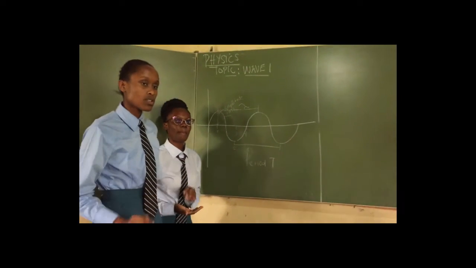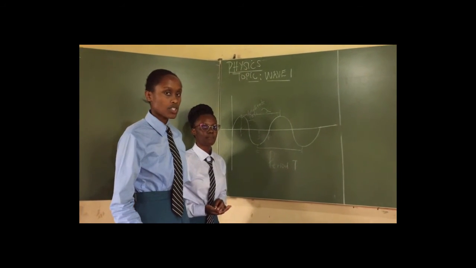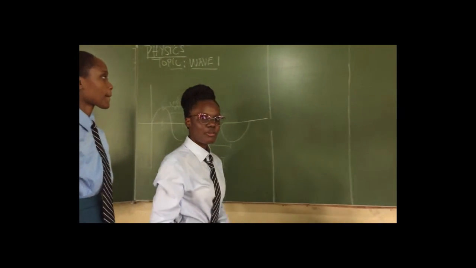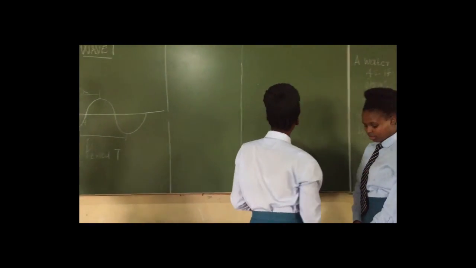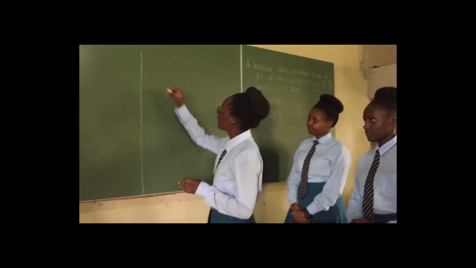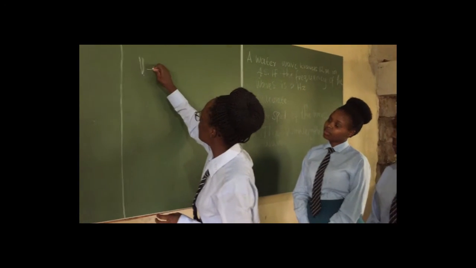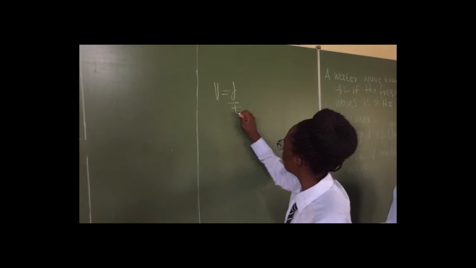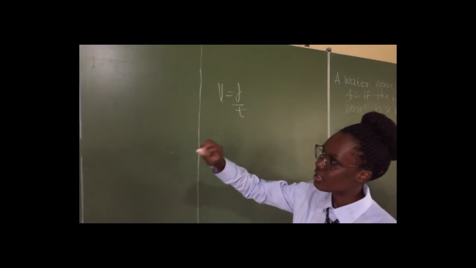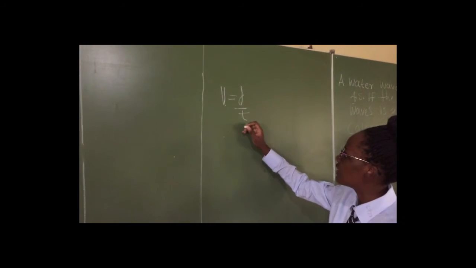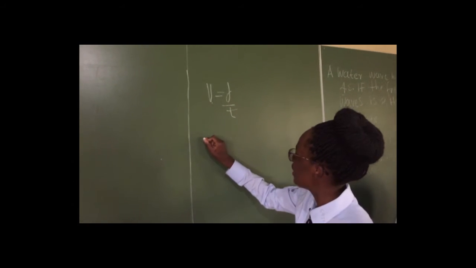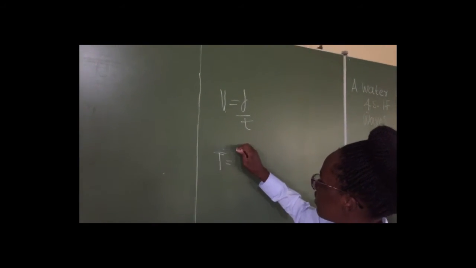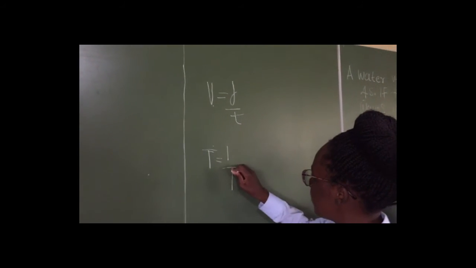In waves, we also have the wave formula, which my colleague will help us to derive. In the wave formula, we have velocity, which is distance over time. The distance is simply the wavelength, and time is the period T, where T can be given as 1 over f.